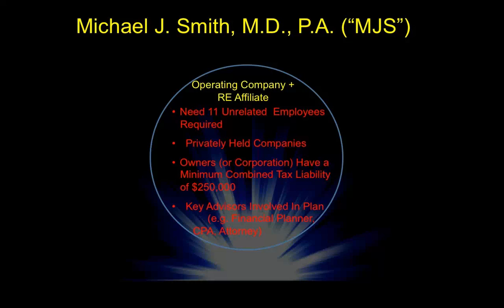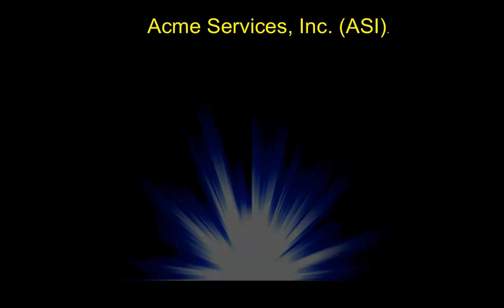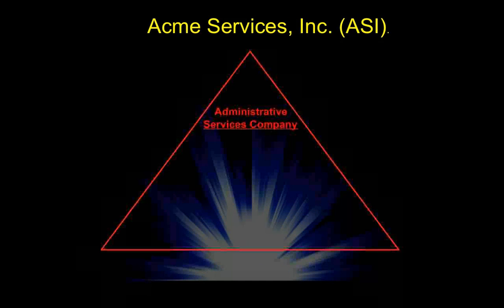So we start with an operating company, and the operating company must have those specific characteristics. We next form a new entity, and that new entity, for our purposes today, we're calling Acme Services, Inc., ASI. Now, Acme also has to have certain characteristics.